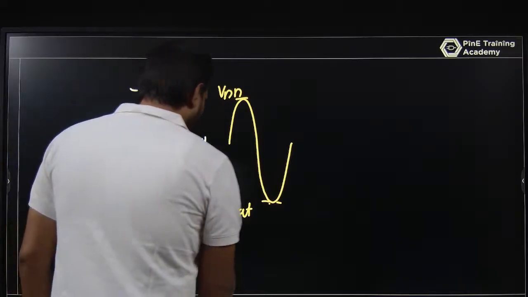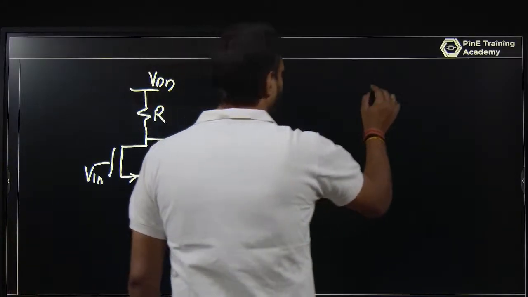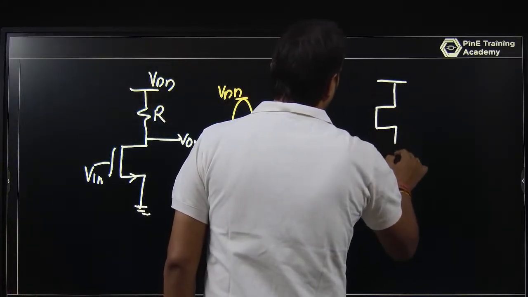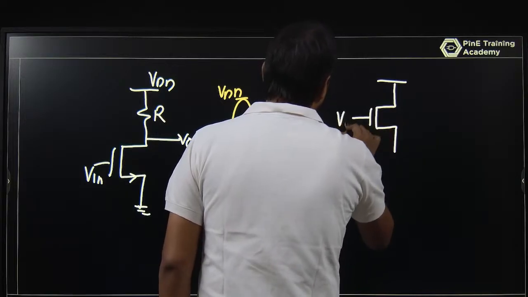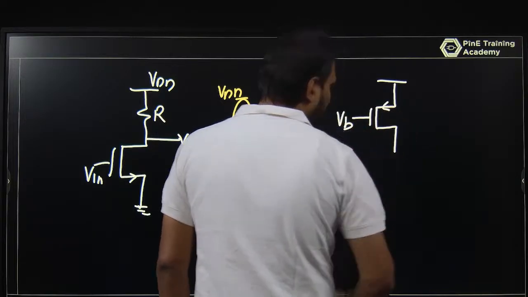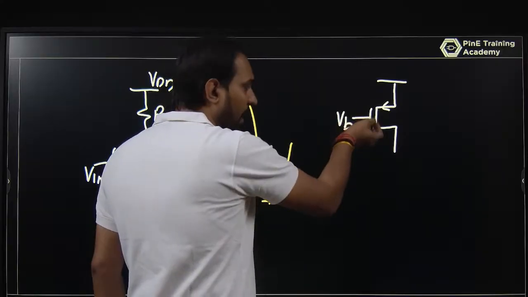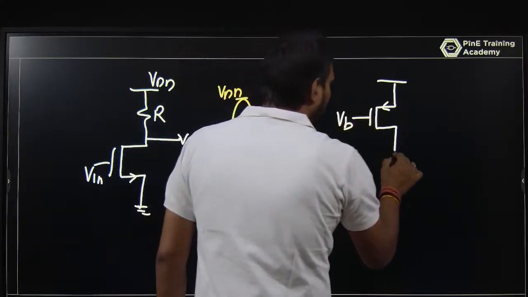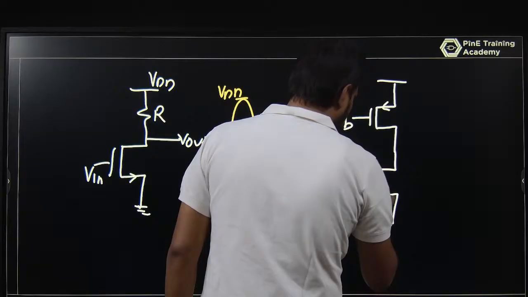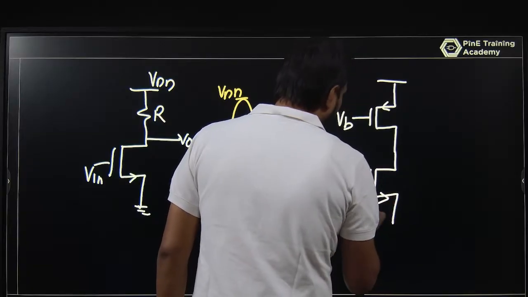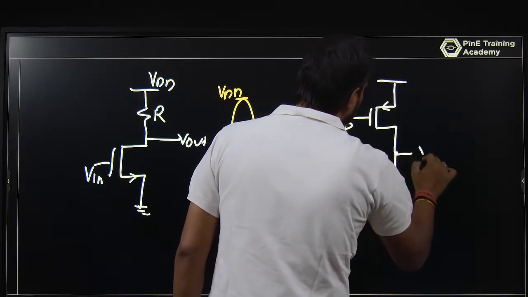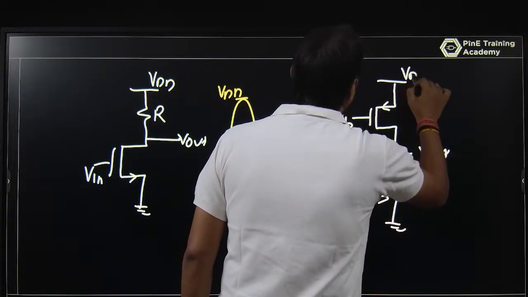But when I am talking about a current load with that MOSFET as a PMOS, this MOSFET behaves like a current source. And now you have V in here and this is grounded and this is V out and this is VDD there.